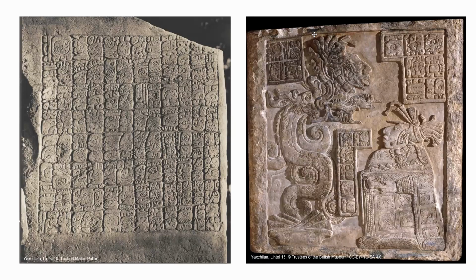So now let's go to the hieroglyphic inscriptions here from Lintel 10 from Yaxchilan and Lintel 15, also from Yaxchilan. It's in the British Museum. This is an old photograph by Teobert Maler. I think it's partly destroyed today.